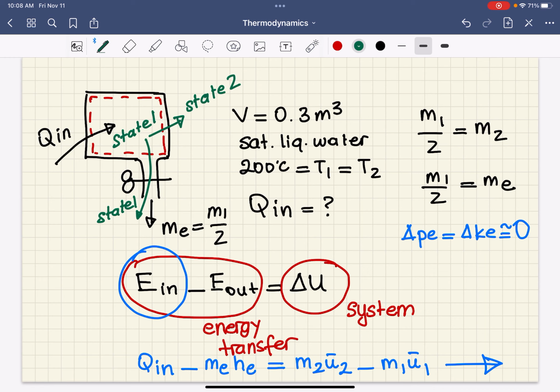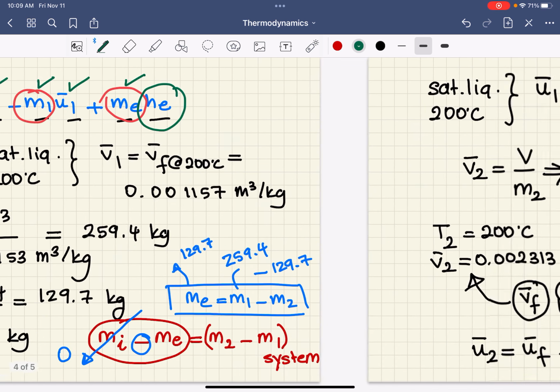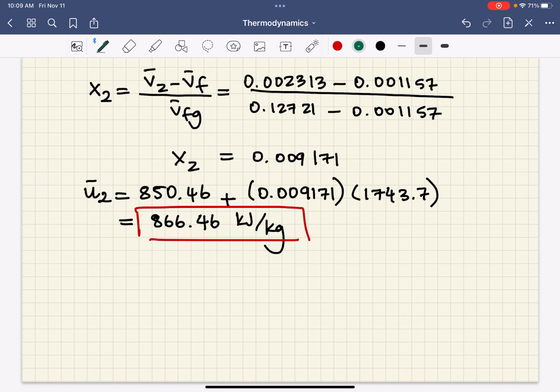But the exit state has to be the same as the initial state of that system. So what you know about the exiting water is it has to be at 200 degrees Celsius, just like the first state. And it has to be a saturated liquid, because that is what we have at the first state, and that is therefore what is exiting our system. So for the exit state, we know we have 200 degrees Celsius and it is a saturated liquid.